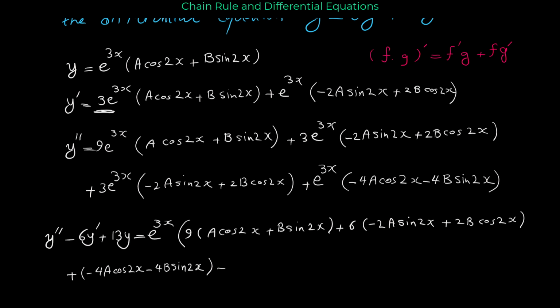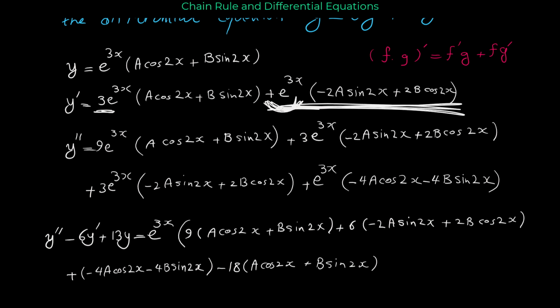So basically we have negative 18 times a cosine 2x plus b sine 2x. And don't forget to multiply that negative 6 by this expression. So we have minus 6 times negative 2a sine 2x plus 2b cosine 2x.